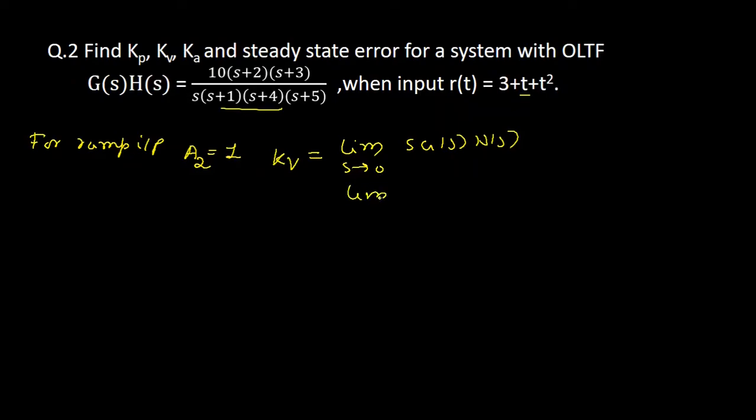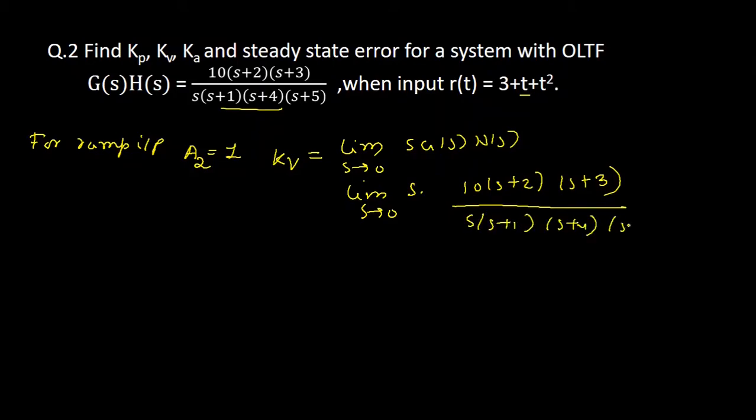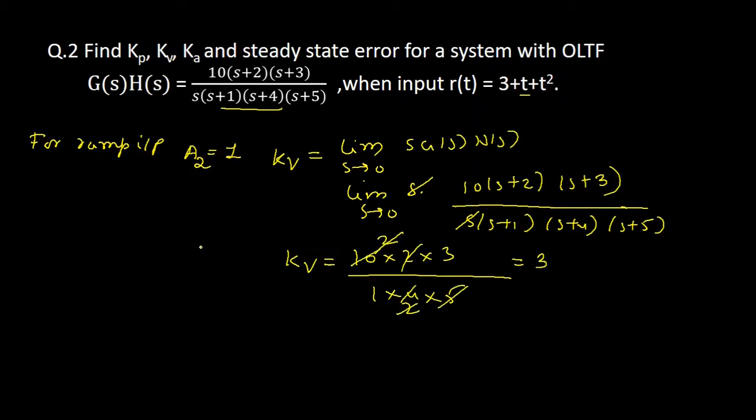So we get limit s tends to 0 s into 10 into (s plus 2) into (s plus 3) whole divided by s into (s plus 1) into (s plus 4) into (s plus 5). This s and this s get cancelled out, and when we put the limit s tends to 0 in this equation, we get Kv is equal to 10 into 2 into 3 whole divided by 1 into 4 into 5. We get Kv is equal to 3.